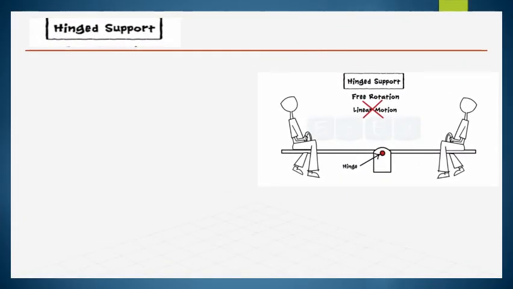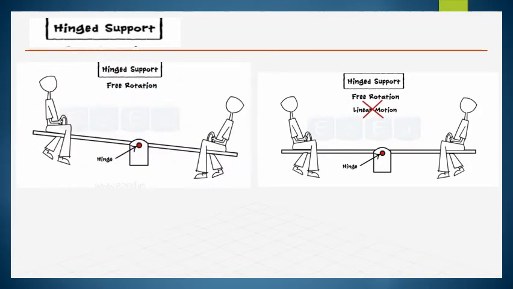Next is the hinged support. It is also called the pinned support. Pinned support allows free rotation, but it does not allow linear motion. It restricts the translatory motion.